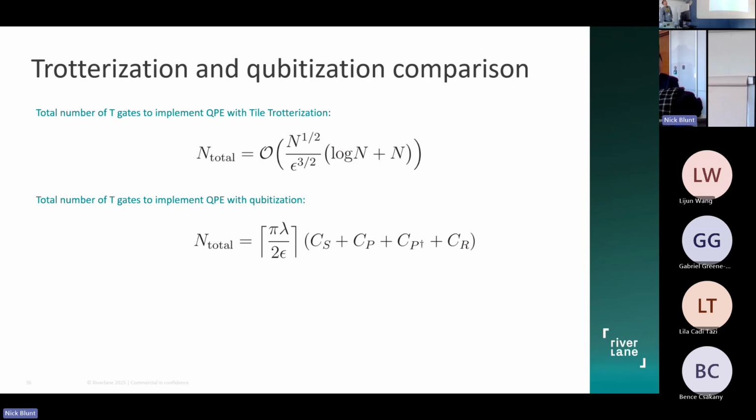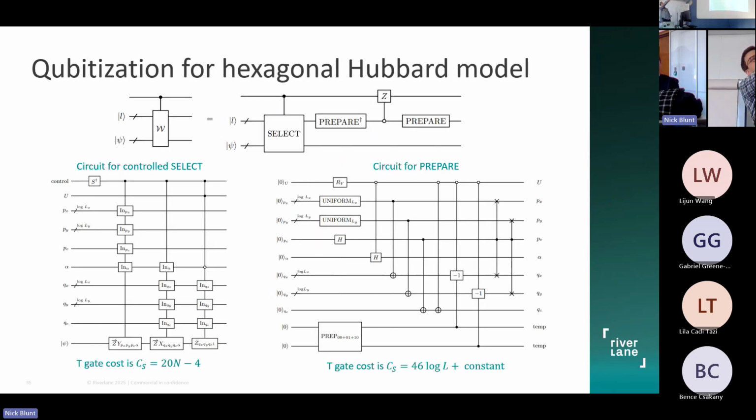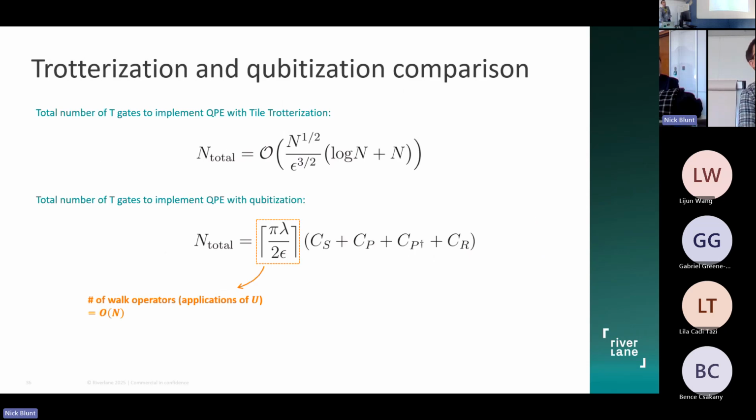And so comparing the cost of these two, now look at the cost of QPE with qubitization. The number of times you have to repeat the walk operator here is proportional to lambda, which is the 1-norm, which is order n, and it's inversely proportional to epsilon. And then implementing the walk operator, you have controlled select, prepare dagger, and this reflection.